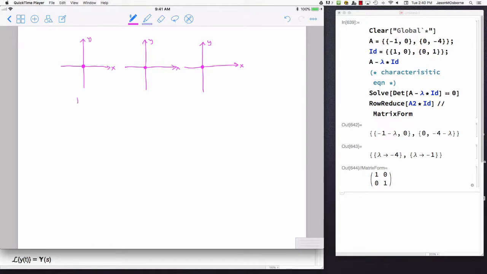In the case where the eigenvalues are positive and positive, you're going to have two straight line solutions, one for each eigenvalue. Let's just assume for simplicity that they are these two axes. If both eigenvalues are positive, then solutions along those straight lines tend away from the (0, 0) equilibrium point.